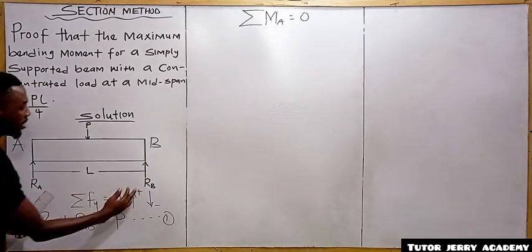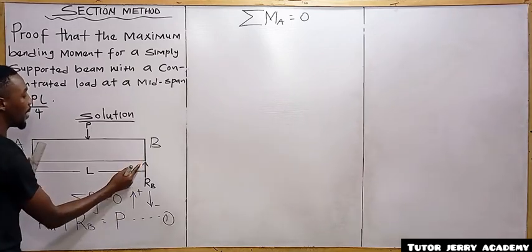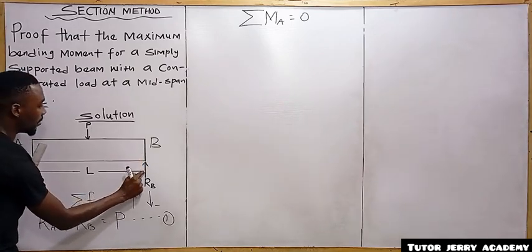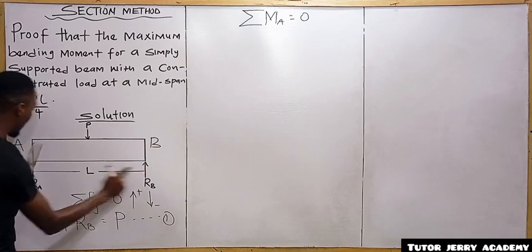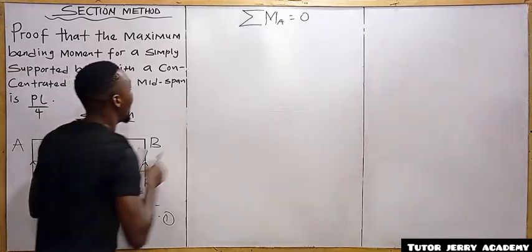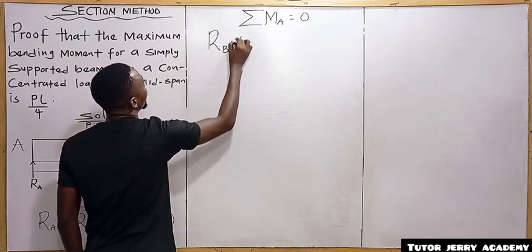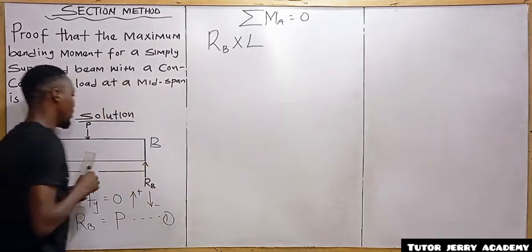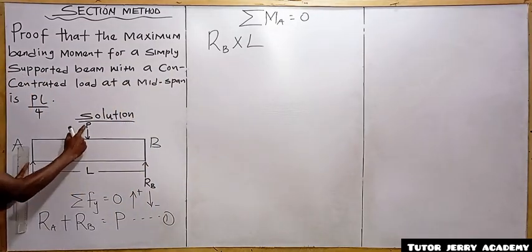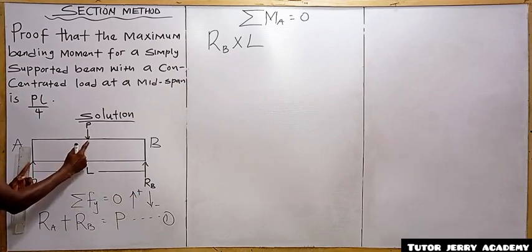So here we are taking our moment about point A. Here is our force, and the perpendicular distance is from this point to this point, so it's going to be reaction at B multiplied by L. Again, here we have a downward force, which is going to be negative, multiplied by the perpendicular distance.